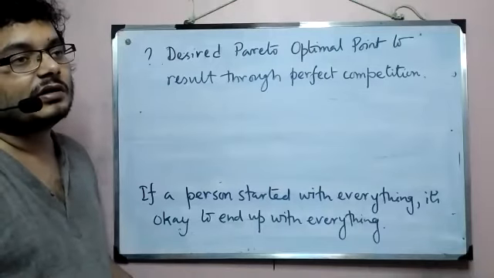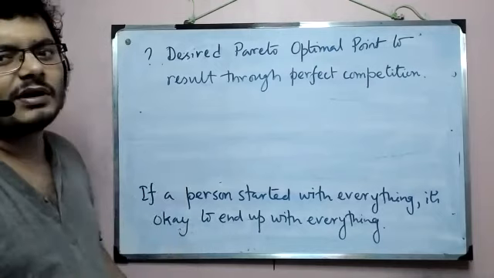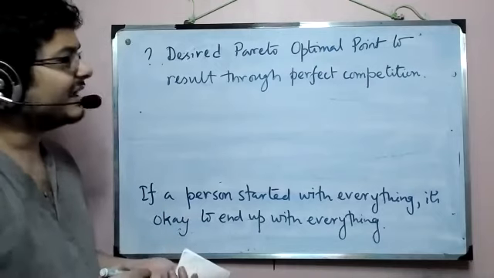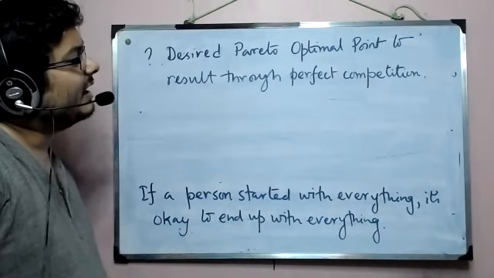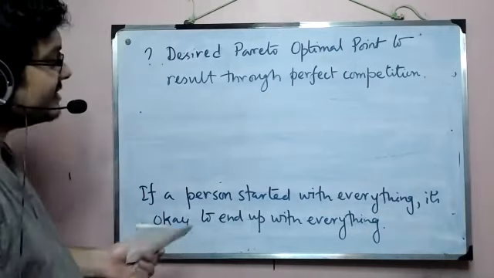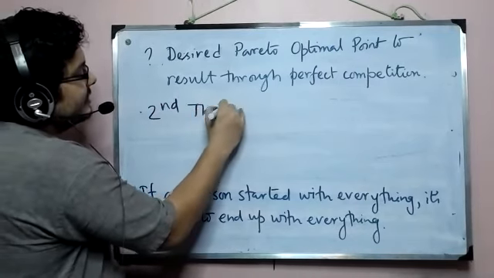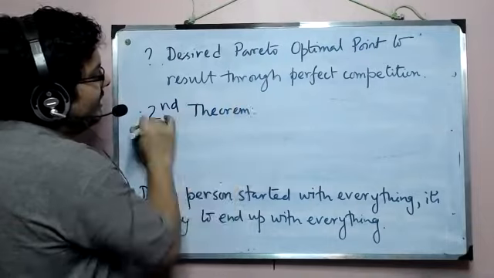So now the question is, if I have a desired Pareto optimal point, so let's say we have to reach some point, can we reach that using perfect competition? Okay, and that leads us to the second theorem, which we'll discuss in the next session.